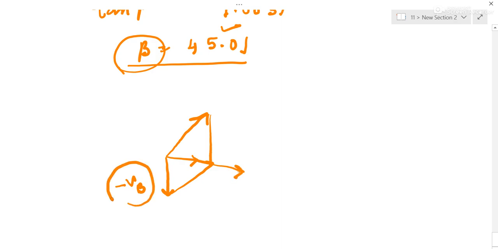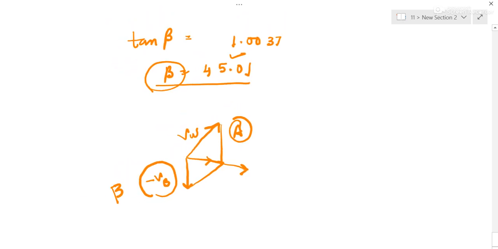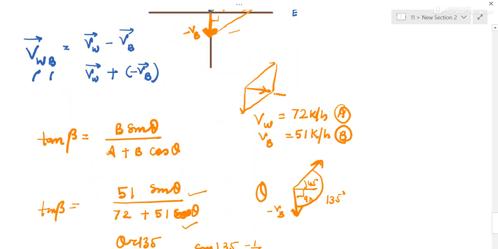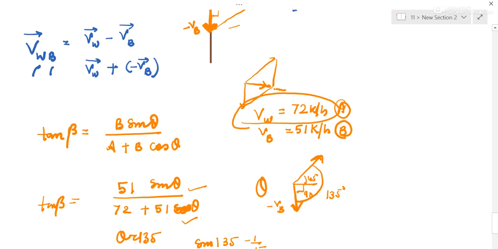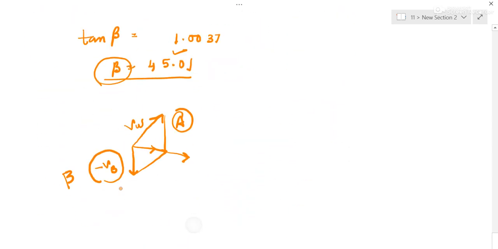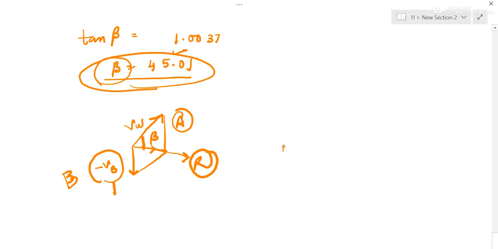The boat we imagined equal to B vector, and the velocity of wind was A. So this is my A, this is my B vector. Beta is between the resultant and A. So this is beta. So you can write that the flag will flutter with this much degree with vector A, that is, the velocity of wind.